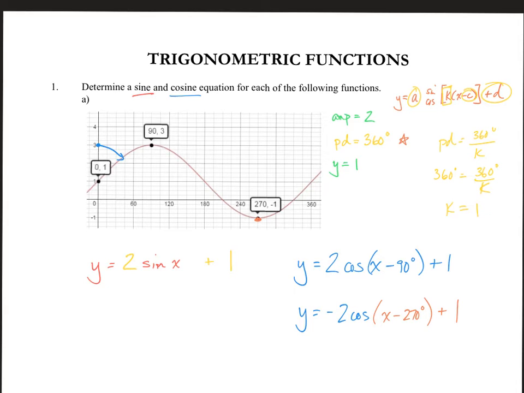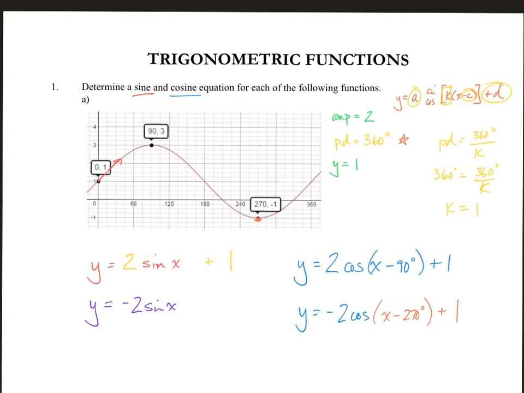Okay, well then that begs that I could use a negative sine curve. And so if I was to begin that process with my sine curve, then what I can do is say, well, my sine curve could be reflected in the x-axis as well. So my sine curve normally starts in the middle and rises.